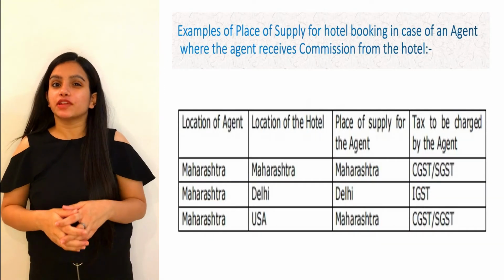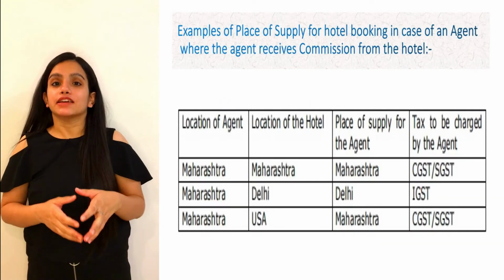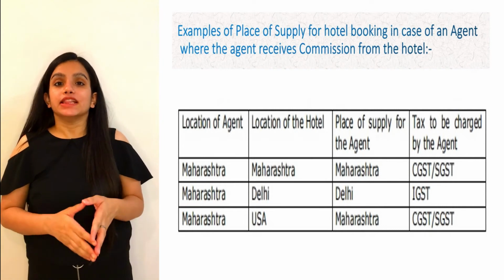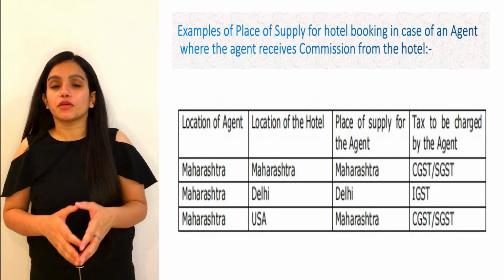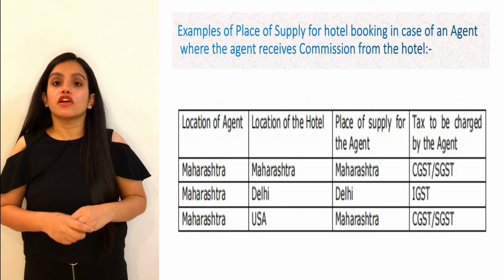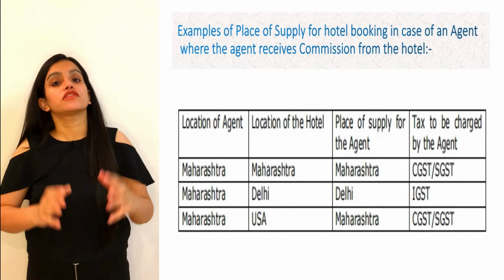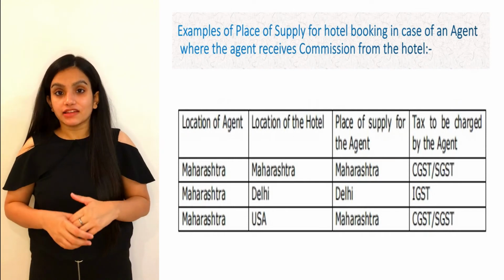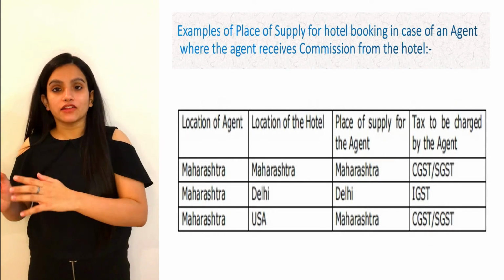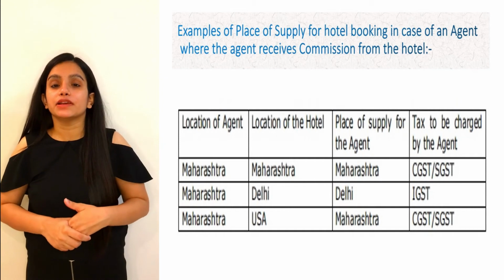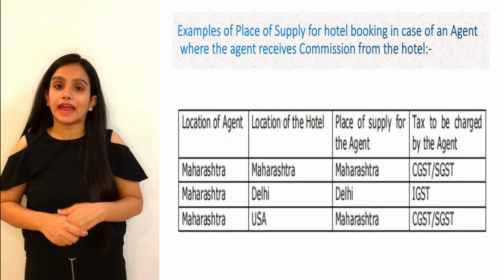Example of place of supply for hotel booking in the case of an agent, when an agent gets commission from the hotel. If the location of agent is Maharashtra and location of the hotel is also Maharashtra, then the place of supply will be Maharashtra and the GST will be charged as CGST and SGST.